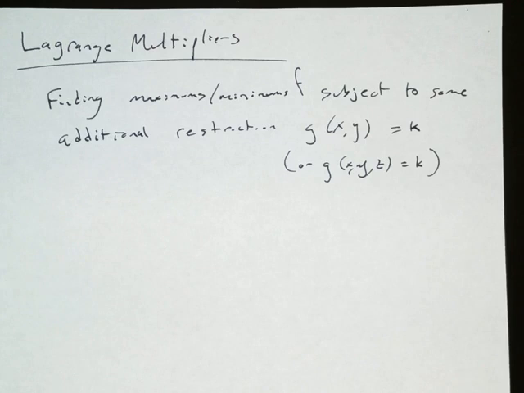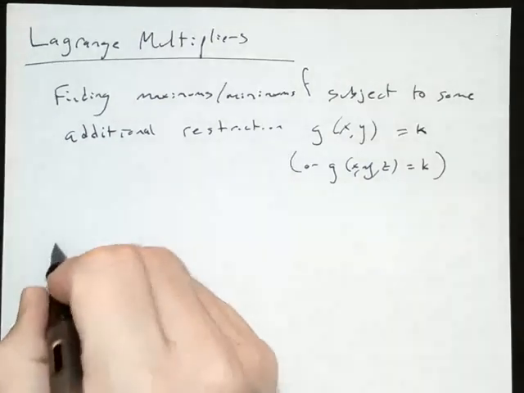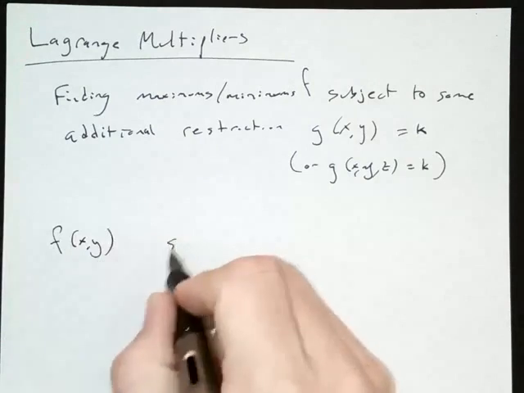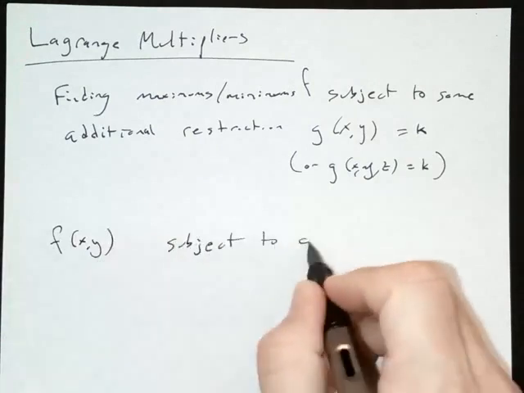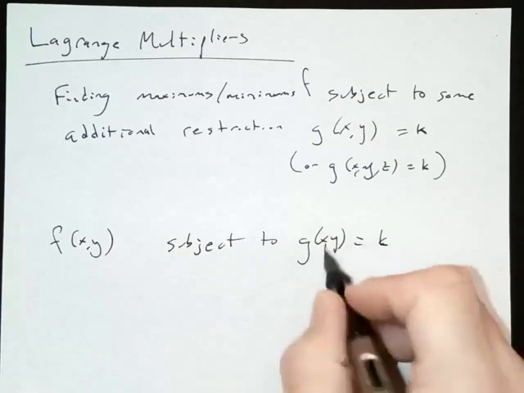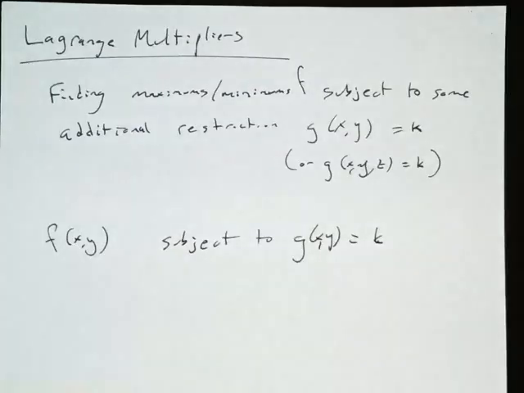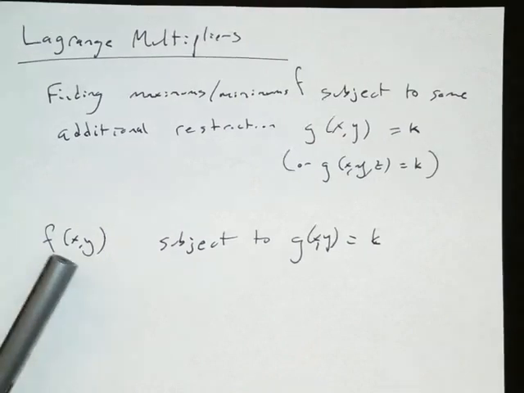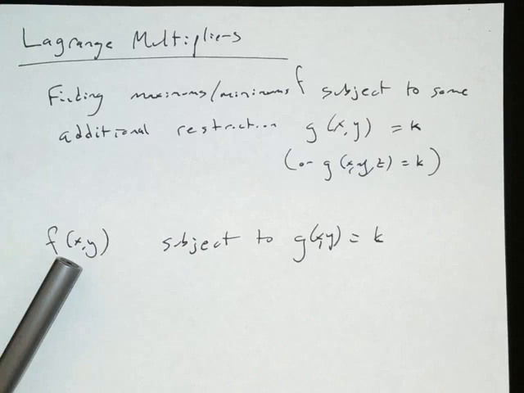Let me try and visualize this in a function of two variables. If I have a function of two variables, then that's a surface, right? So I have some 3D surface here. And then I have this other equation that is fixed, g of x, y equals k.